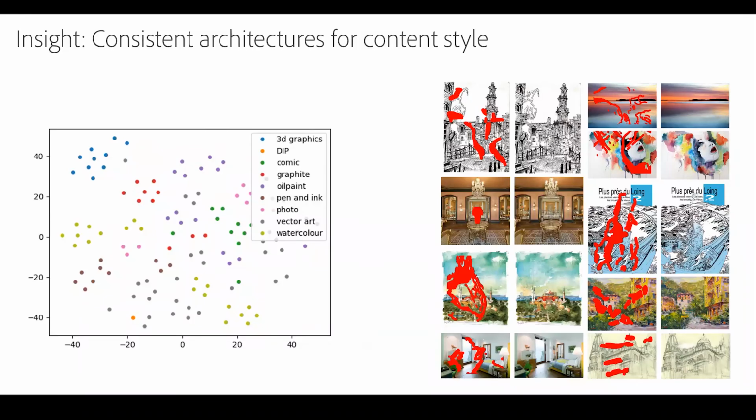So this t-SNE visualization in the architecture space shows the best performing architecture for images of 8 different artistic styles from BAM, which is the Behance artistic media dataset of artwork. And interestingly, the architectures are clustering according to style without any supervision. And this is the image inpainting task here on the right. And this offers 2 interesting opportunities.